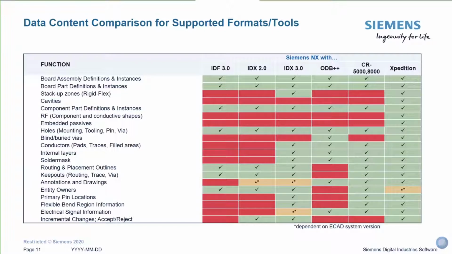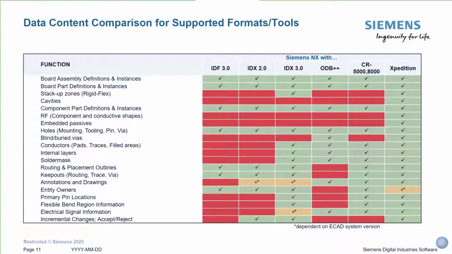What's also interesting and a bit unique is not necessarily the capability, but the workflow or collaboration capability that's embedded within certain formats. If I bring your attention to the IDX3 format or the Expedition integration, on the last row at the bottom we have an item called incremental changes, accept or reject.